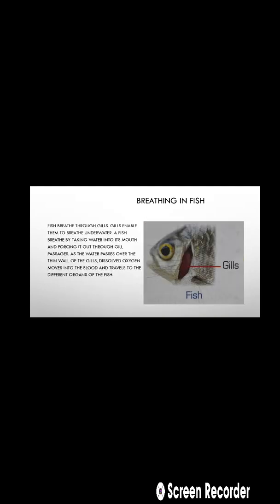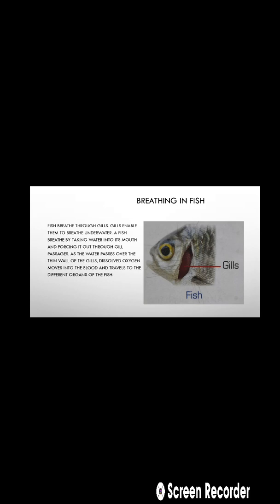Now, breathing in fish. As we know, fish is an aquatic animal. Fish live in water, so they take dissolved oxygen from the water. As a breathing organ, fish have gills. They breathe through gills. Gills enable them to breathe underwater.